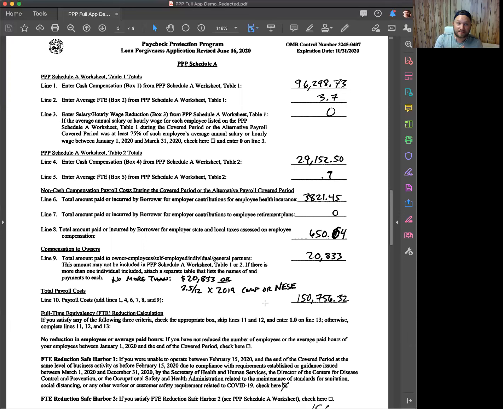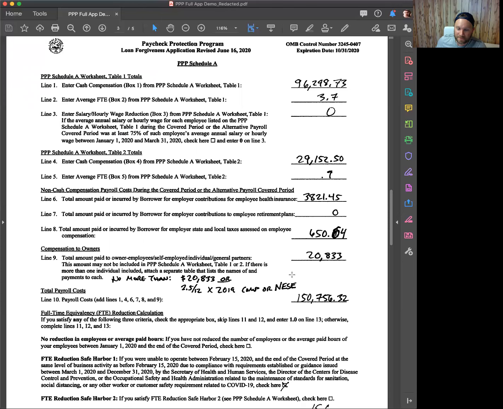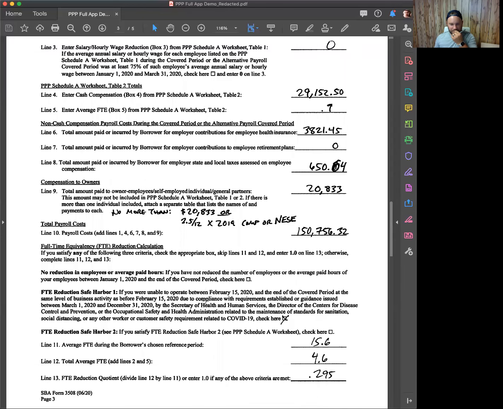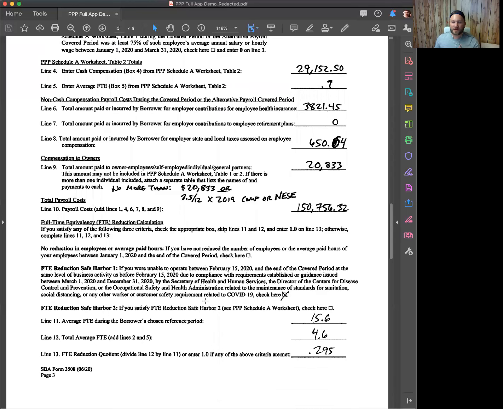Net earnings, that's your bottom line of your Schedule C, not your revenue, your net earnings of self-employment, okay? Make sure you don't miss that, or your calculation could be potentially overstated severely. In this case, we wound up with 28,833 as the amount for the owner compensation. Payroll total cost 150,756.32. Great. I'm going to add up the lines that they share.